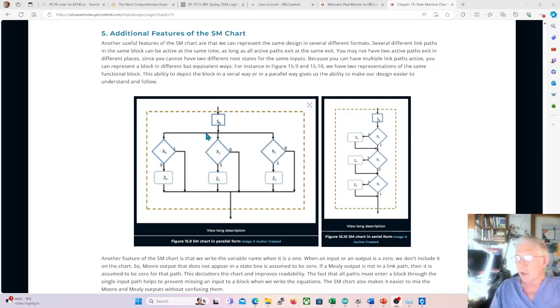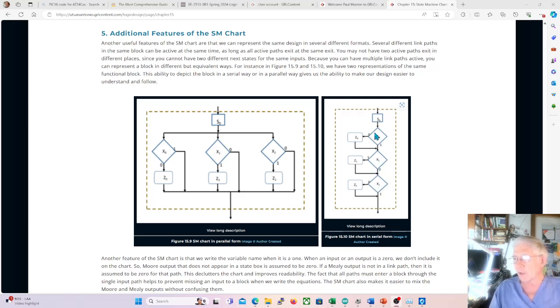So you have a parallel way to look at it and a serial way to look at it. Say x0 is a 1 and x1 is a 1 and x2 is a 0.